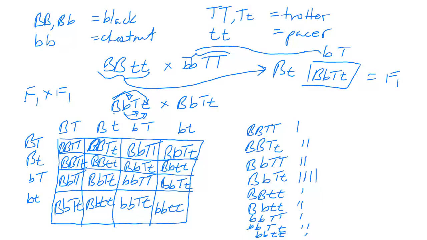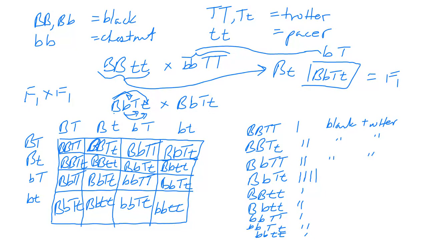So let's see, what do these look like? Big B, big T is a black trotter. Big B, big T, little t is another black trotter. Big B, big T is another black trotter.